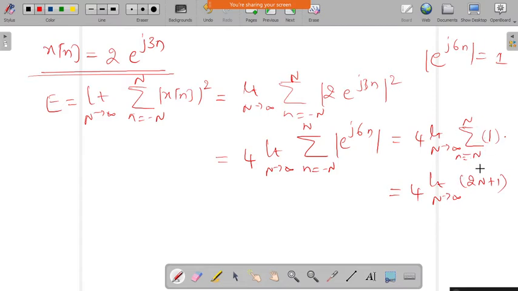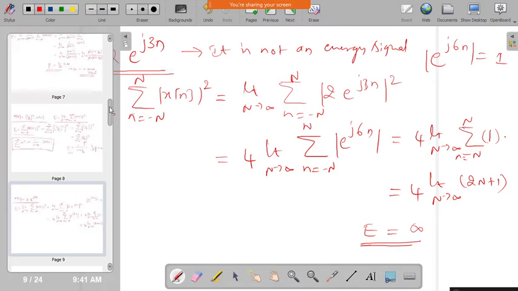This complete summation, including the sample at 0: minus N to minus 1 gives N, and 1 to N gives N, so that is 2N plus the 0th sample, so the summation is 2N plus 1. Now if I put N tends to infinity here, it goes to infinity. So energy will be infinity, so it is not an energy signal. Now find out the power, whether it is possible to get the power of this one. Then we'll see whether it is a power signal.